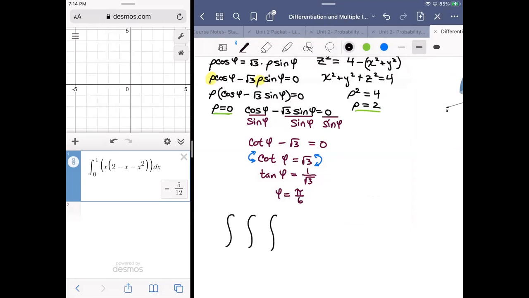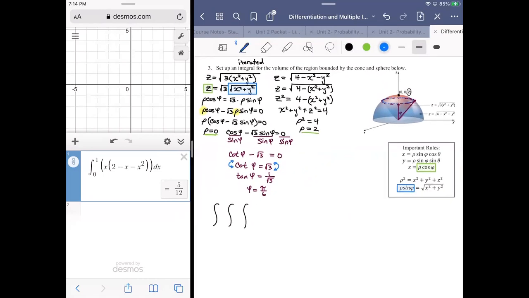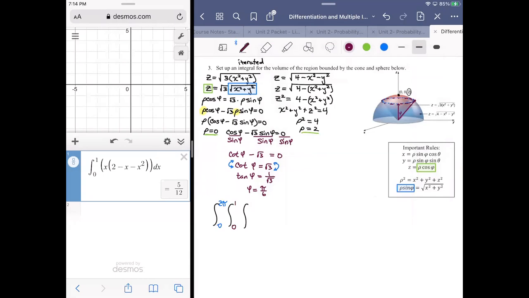We know the thetas are going from 0 to 2 pi, in blue. That's one full turn around the unit circle. The phis are going from 0 to pi over 6. And the rho, which I'm doing in this funky green color, is going from 0 to 2.